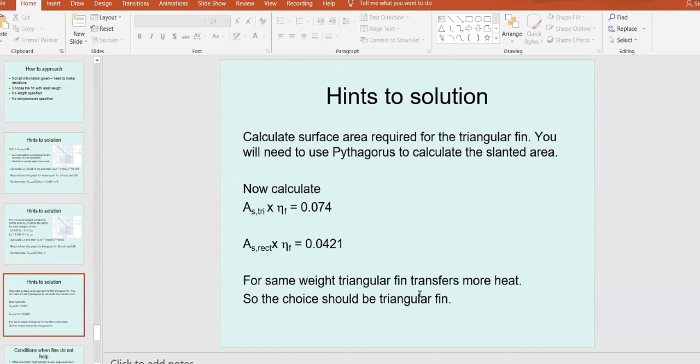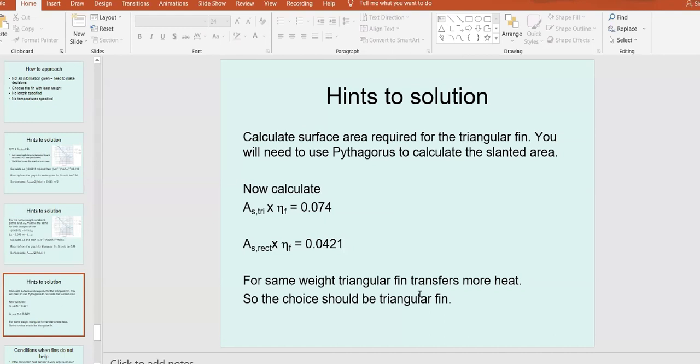So if I just move on, what is here now? Calculate the surface area required for the triangular fin. সারফেস এরিয়াটা যখন ক্যালকুলেশন করবে তখন কিন্তু আরেকটা জিনিস তোমাদেরকে ধরতে হবে যে for the triangle it is a slanted surface area, and when it is slant means you need to use the Pythagoras, that the square of the base plus square of the other end.